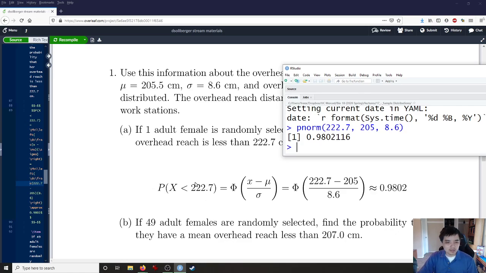So in other words, what I have on the PDF right in front of you is how we would set up the problem, and then what I have up here in RStudio is how we would finish the problem.